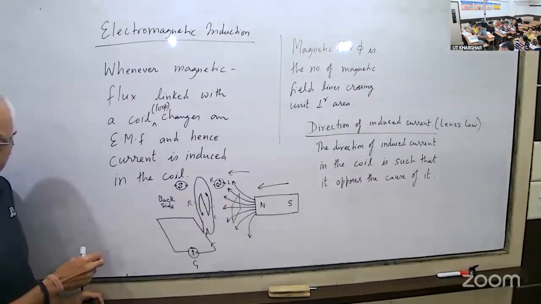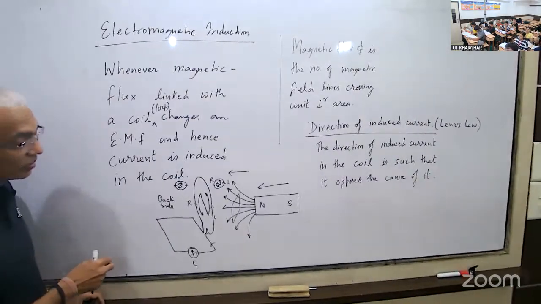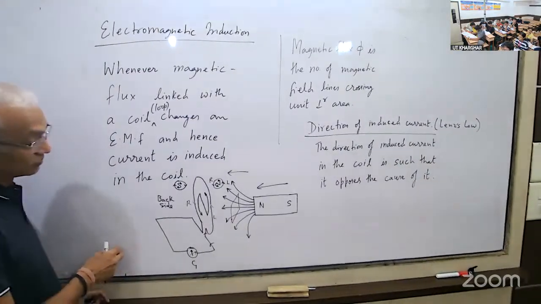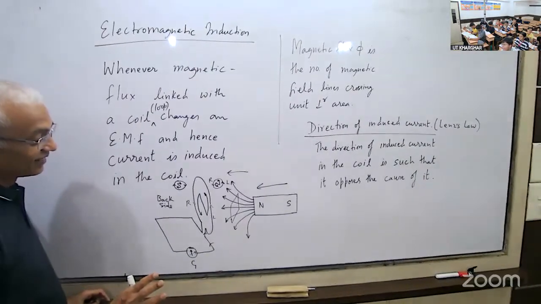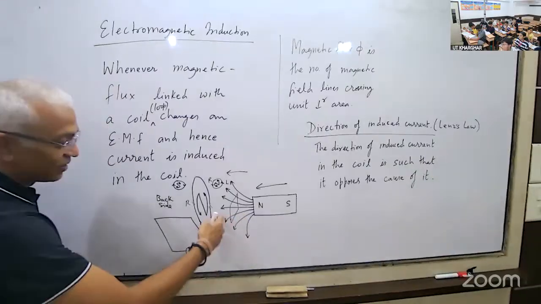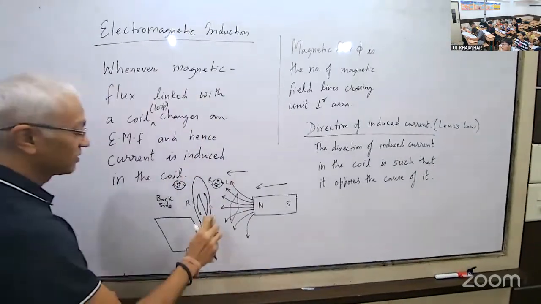This side should be north, and from the magnet's perspective, when anti-clockwise it will be the north pole. When you see from this side it should be north. So, oh, that is clockwise.